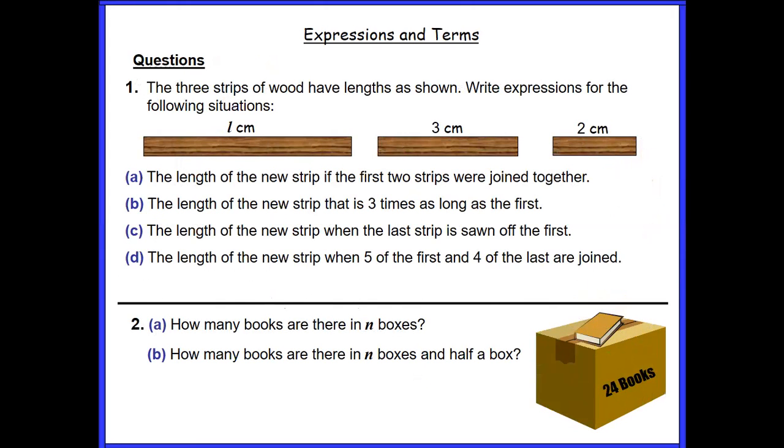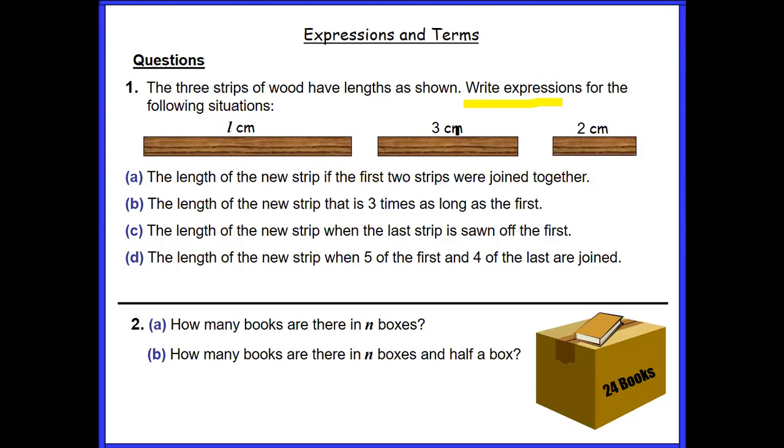We'll have a look at a couple of questions to get a bit more practice. The 3 strips of wood have lengths as shown. Write expressions, so we're constructing expressions for the following situations. This strip of wood is L centimeters. We don't know how long it is, so we say the length is L centimeters.